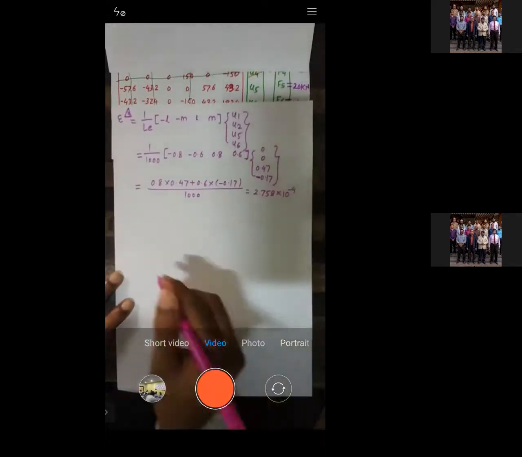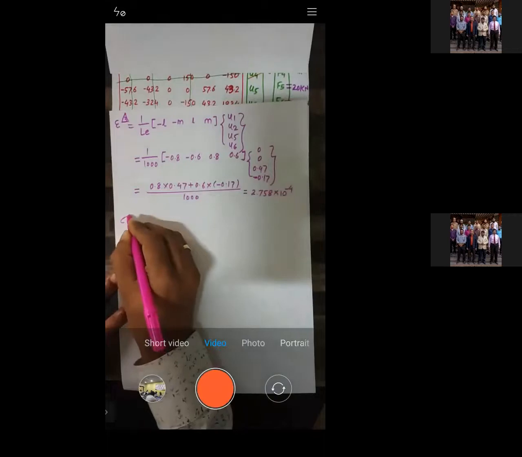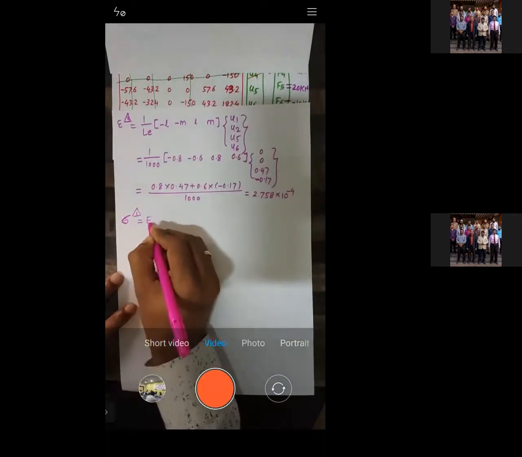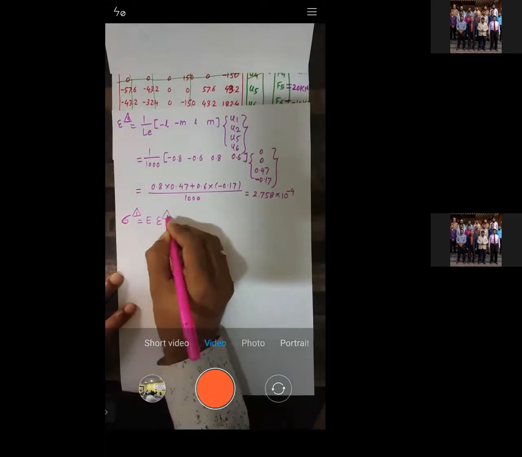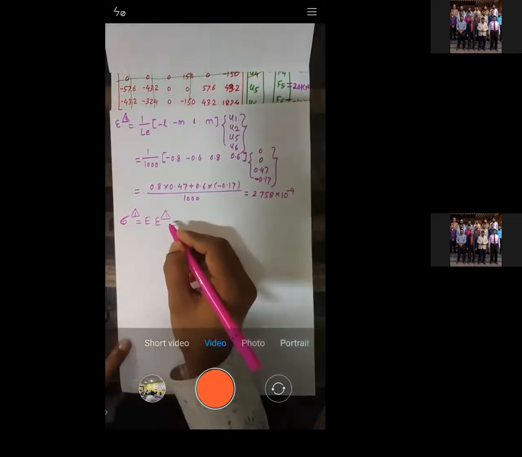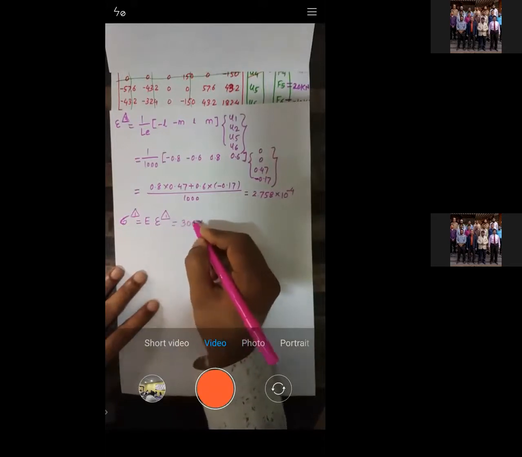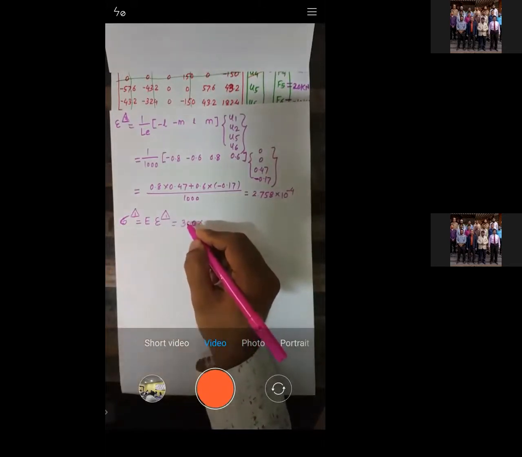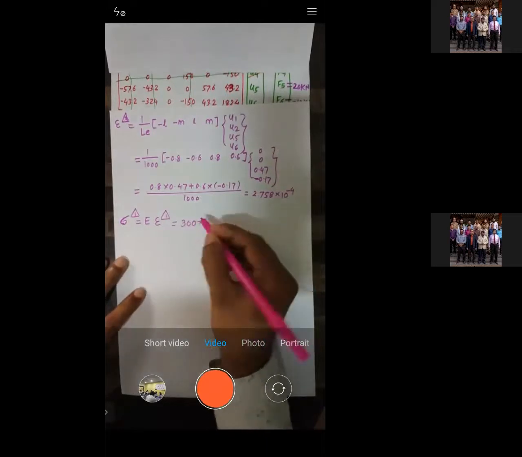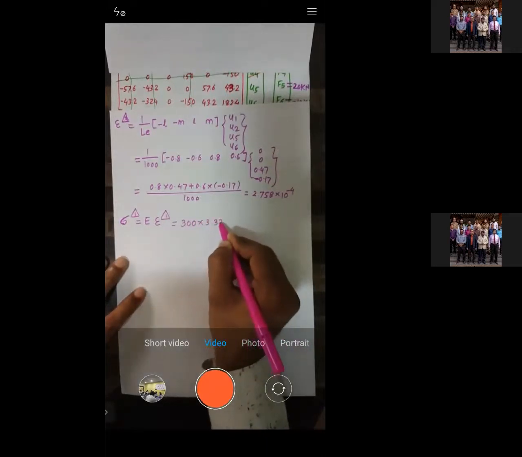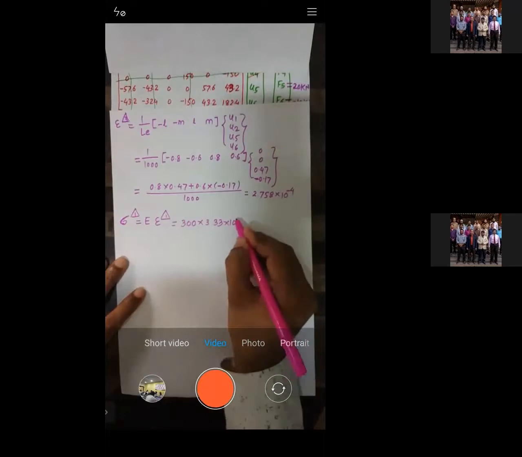Let us calculate the stress now. The stress induced in element number 1 is given by E into strain, right? The value of E is common, it is 300 gigapascal, into the strain induced in element number 1, which we have already calculated, 3.33 into 10 raised to power minus 4.